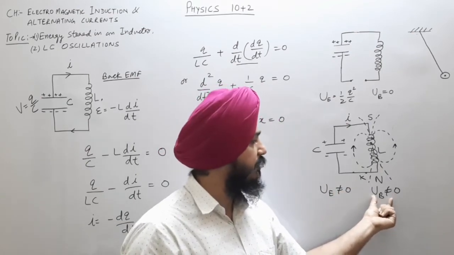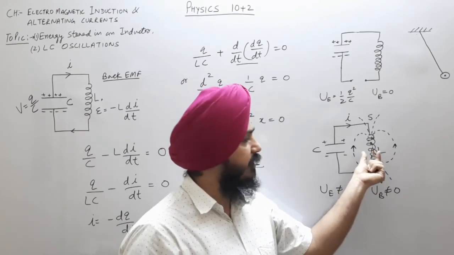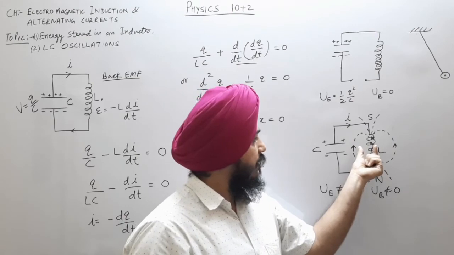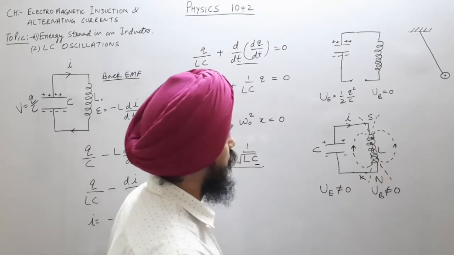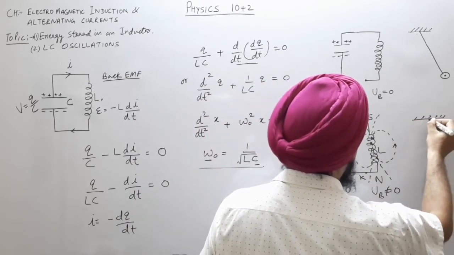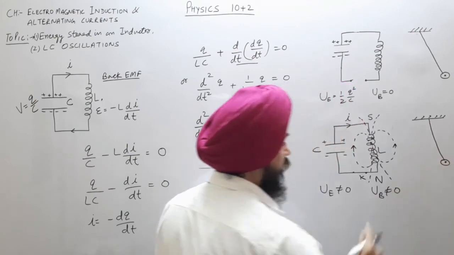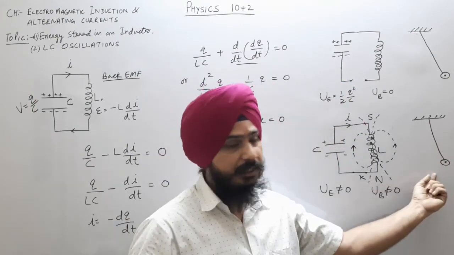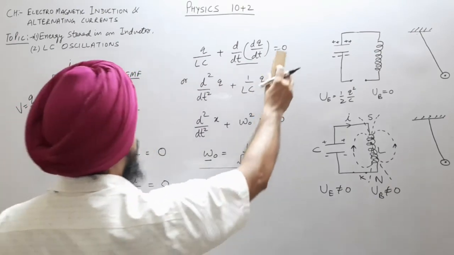So magnetic energy continuously grows. As the magnetic energy grows, induced EMF starts to grow also. So this will correspond to our second position of the pendulum, which was like here, but it didn't reach its mean position yet.